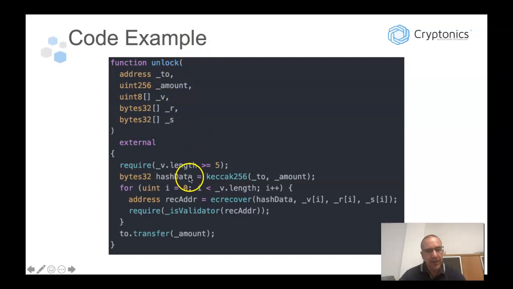So we calculate the hash, and then we loop through the signature arrays, and we verify with ecrecover the hashed message, which is the destination address and the amount. ecrecover is a built-in smart contract function.